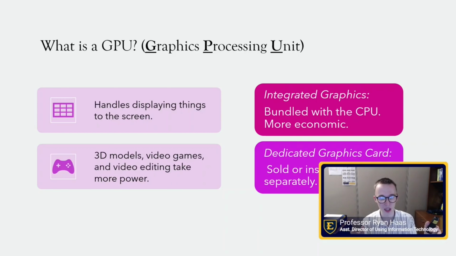So you're not just looking at green text on a black screen, because that's what computing used to be. And this is what we call integrated graphics. It's bundled with the CPU. It's economic, very low on power consumption, and it doesn't require the extra space of a dedicated graphics card.